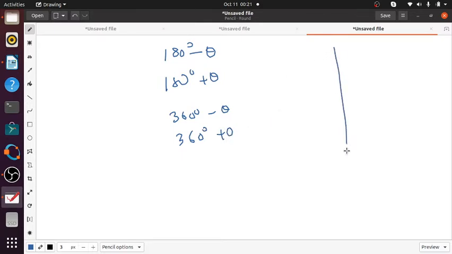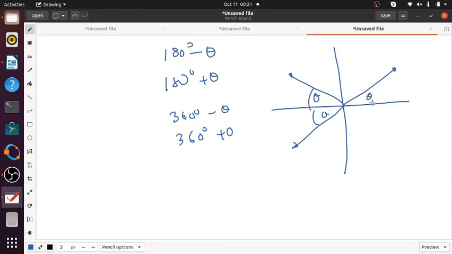These are the associated acute angles. This portion would be 180 minus theta, this portion would be 180 plus theta, this portion would be 360 plus theta, and this portion would be 360 minus theta, right?